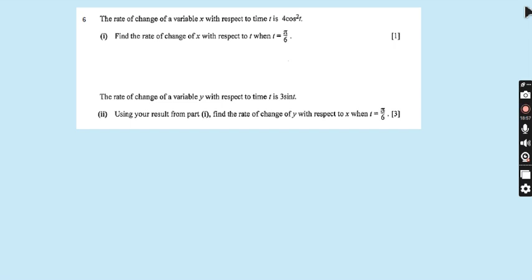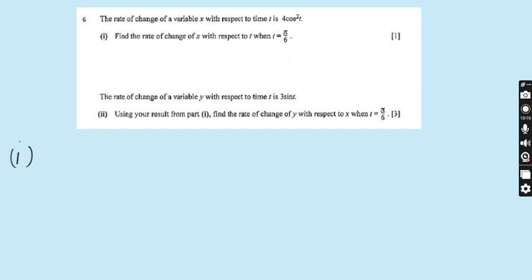The rate of change of variable x with respect to time t is 4 cos square t. Find the rate of change of x with respect to t when t is equal to pi by 6. Very easy.